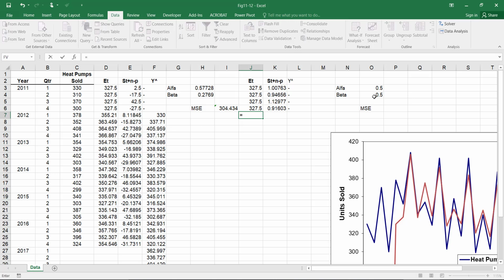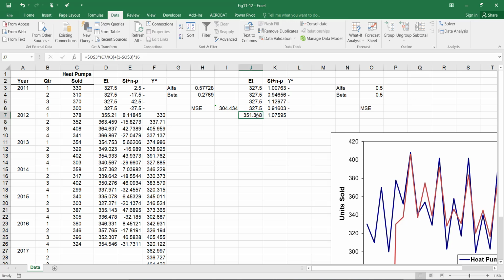Similar to the additive model, we have alpha times the real observation divided by ST minus P, which is P time periods back, plus 1 minus alpha times the previous ET that we have. So this is the value.